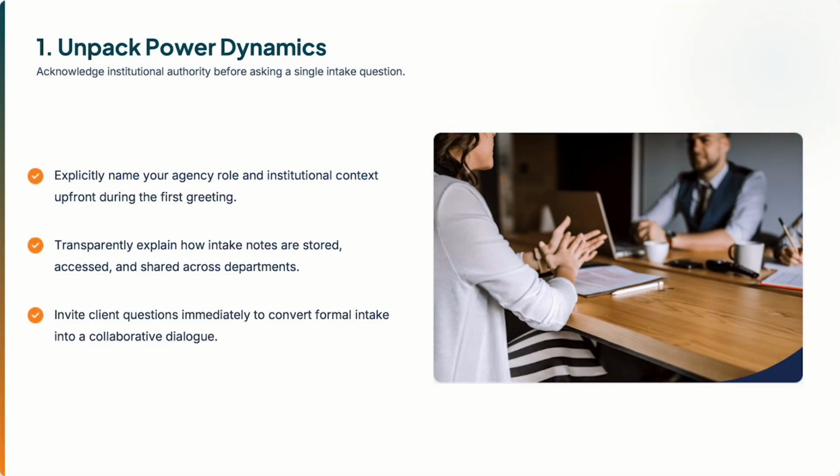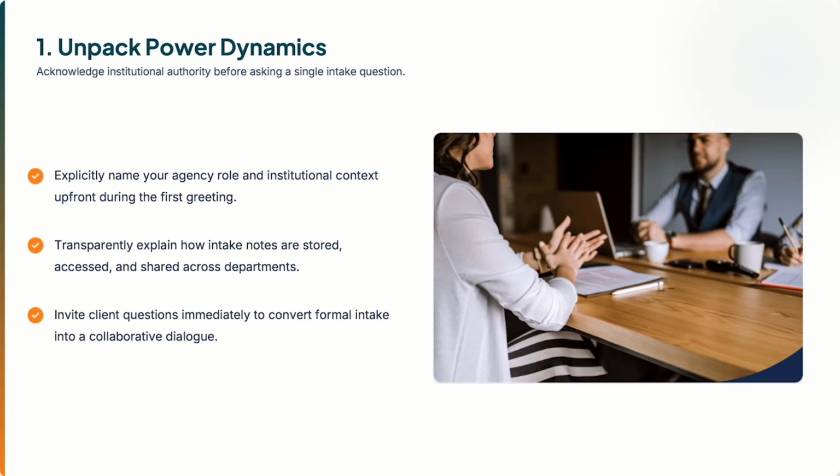Addressing inherent power dynamics in social work requires acknowledging our agency authority before asking a single personal question. During a trauma-informed intake, clients often arrive feeling anxious about how their personal story will be recorded and used against them. We can immediately diffuse this tension by naming our institutional role, explaining who views case notes, and explicitly inviting questions up front.